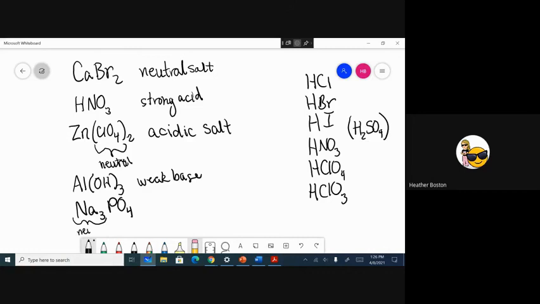So this guy's neutral. This guy here is the conjugate base of a weak acid. Therefore, we're going to call this a basic salt.